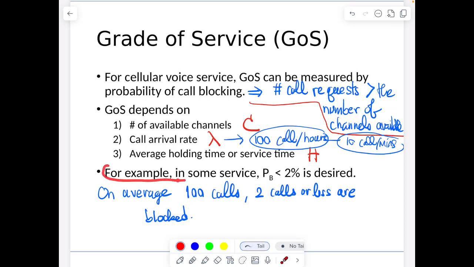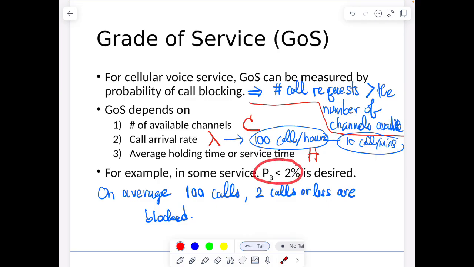For example, in some services, they might specify blocking probability. P subscript B denotes blocking probability. They might want blocking probability to be less than 2%. So certain networks have a target blocking probability or grade of service that they want to satisfy, so that the number is not too big and users are less likely to get blocked.